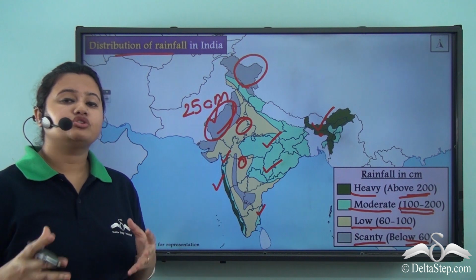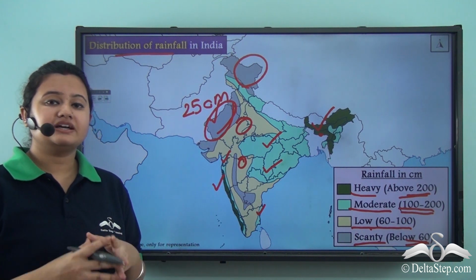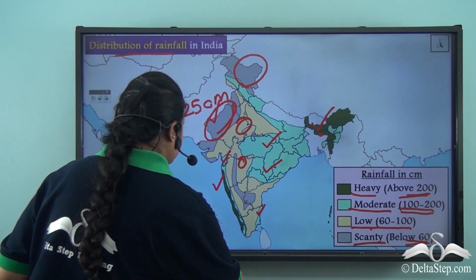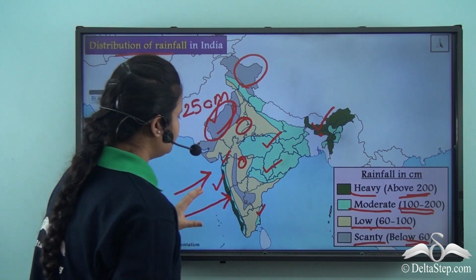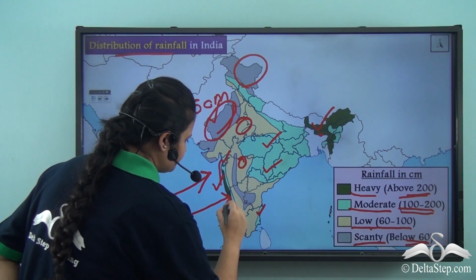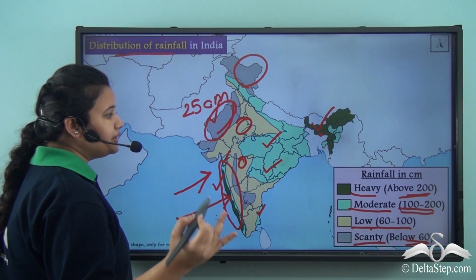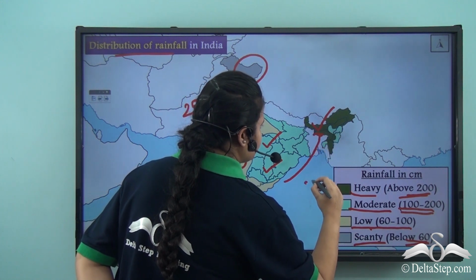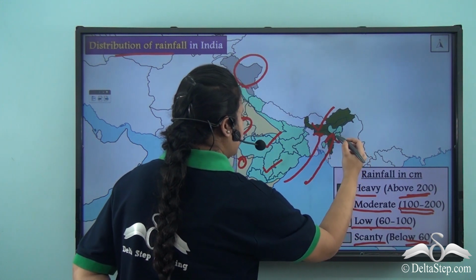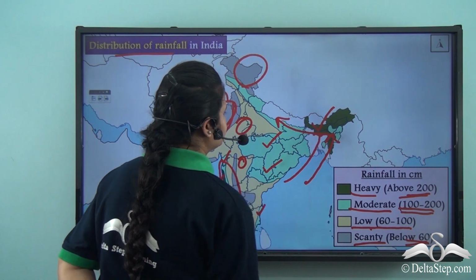Well, the distribution of rainfall in India is such because we know the Arabian Sea branch of southwest monsoon winds enters India from this side. So maximum rainfall occurs here. Again, the Bay of Bengal branch of southwest monsoon winds enters India from the northeastern side, and then they proceed towards the northern plains.